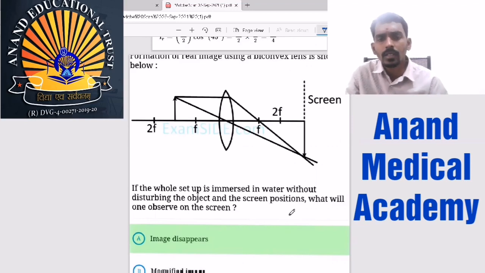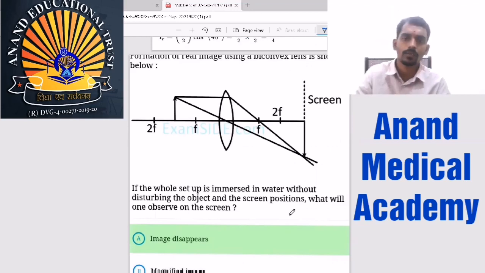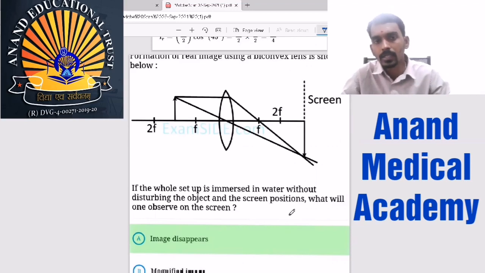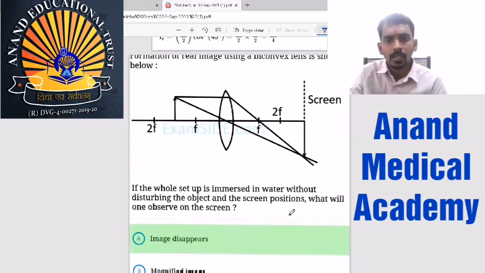Now here, one convex lens and object and image positions are given, and the whole setup is immersed in water. So here it is all about the effect on focal length, how the focal length is affected when you place it in a medium.